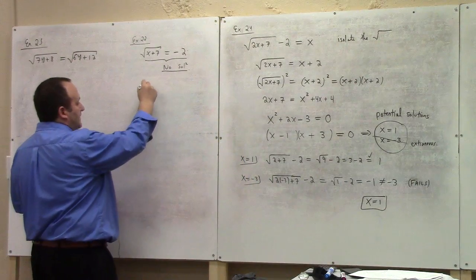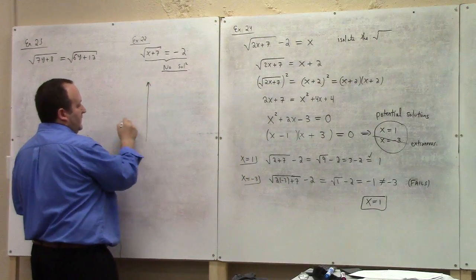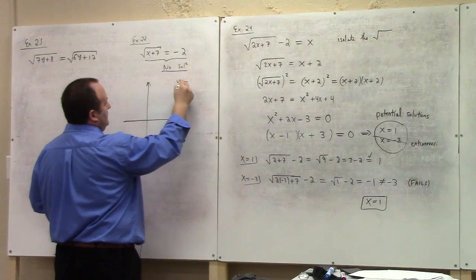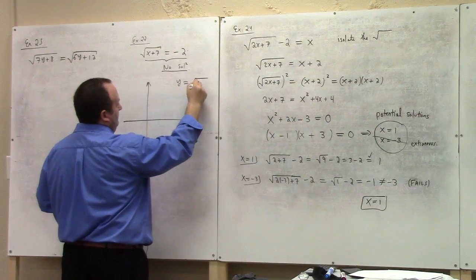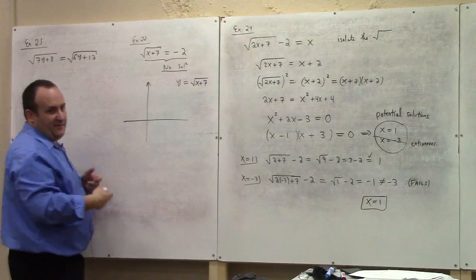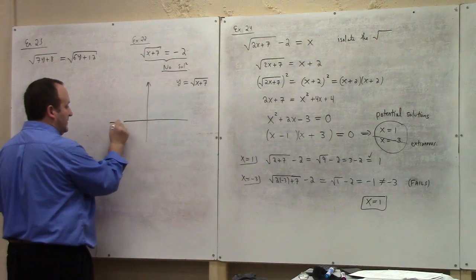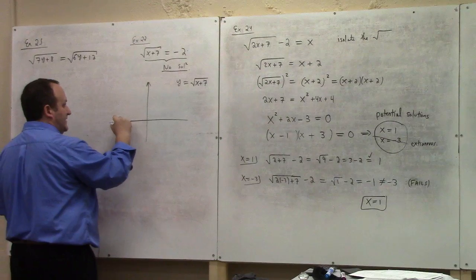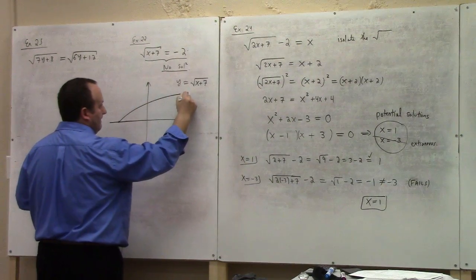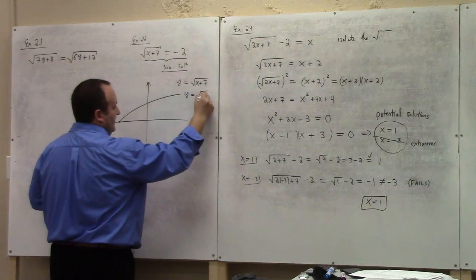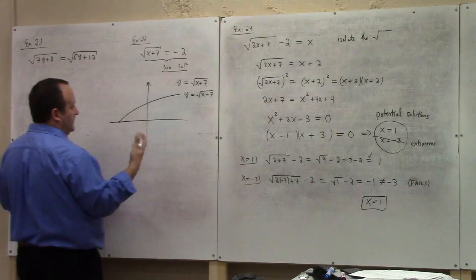If we think about y equals the square root of x plus 7, what is that? That's half of a parabola, right? We take the square root graph and we shift 7 to the, I say right, I meant left, 7 to the left. So this is 0 when x is equal to minus 7. Graphically, that's what y equals the square root of x plus 7 is, right?